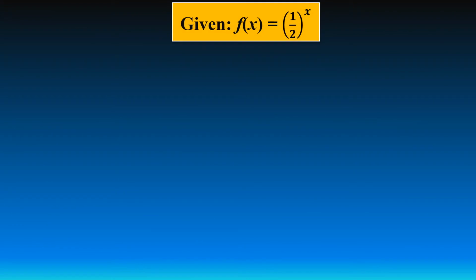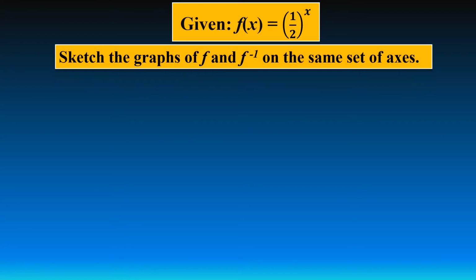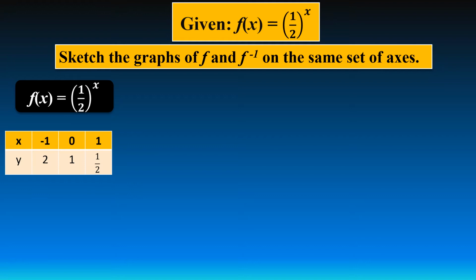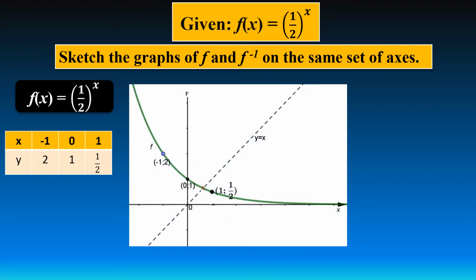f(x) equals half to the power x. The base is half. Sketch the graph of f and f inverse. Simple as that. We make the table, substitute x equals -1, 0, 1, use the calculator and get the y values and plot the 3 points.